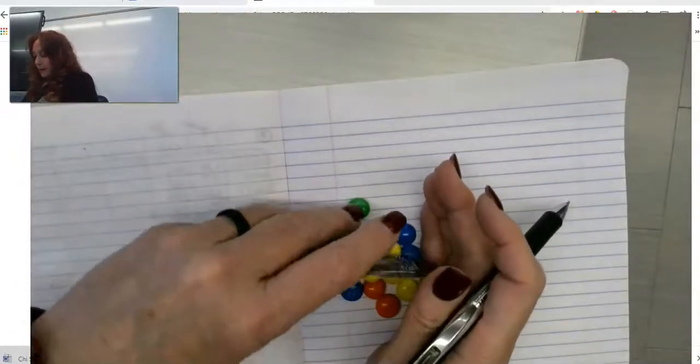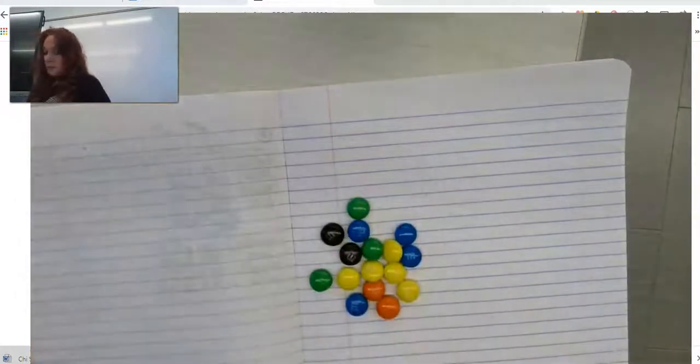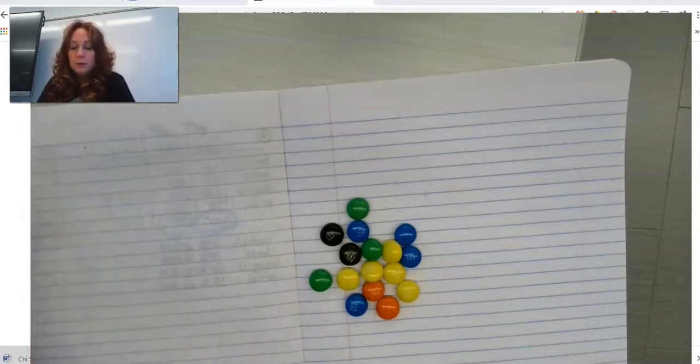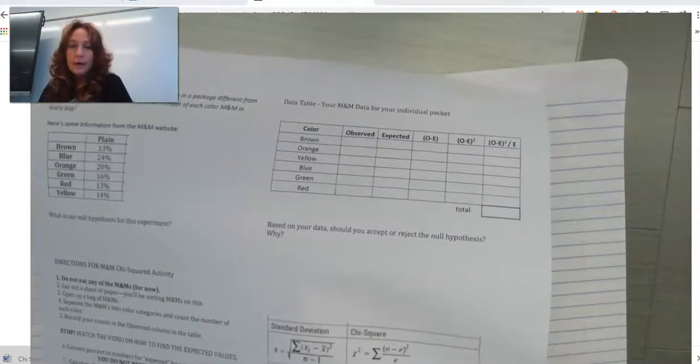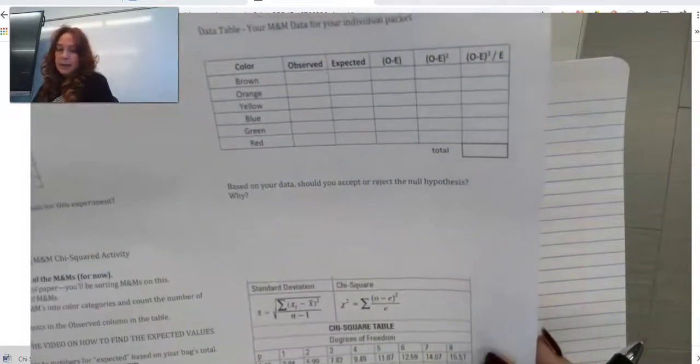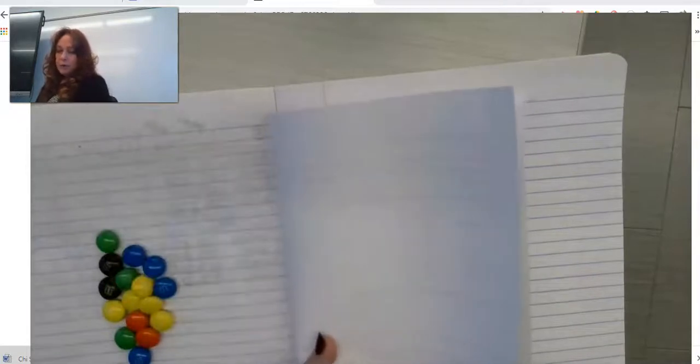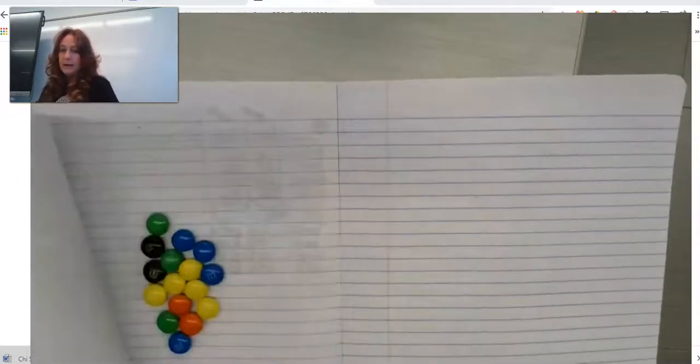So, alright, so many papers, and I've learned it's super loud for you. I hate that. Okay, so here are my M&M's out of my pack. And we're going to actually do the work here. So we might want to glue this in. Here's what I've learned: when it's one page, I either want to cut it and glue it one on each side, which is what I think I'm going to do, or if you're going to fold it, make sure that you put these on the right side, because otherwise if you put them on the left, that tends to flop open.